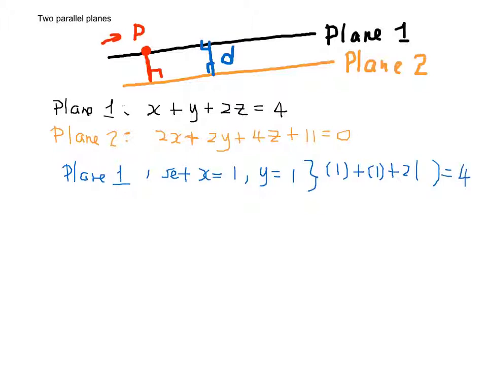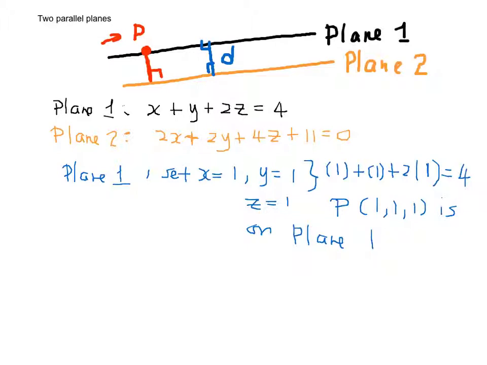The value here must be 1, so that I get 1 plus 1 plus 2 times 1, and together they sum up to 4. Therefore z will be 1. In other words, the point P (1, 1, 1) is on plane 1. You can check that is the case.